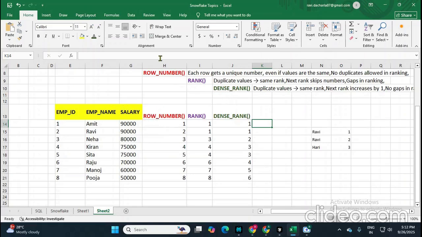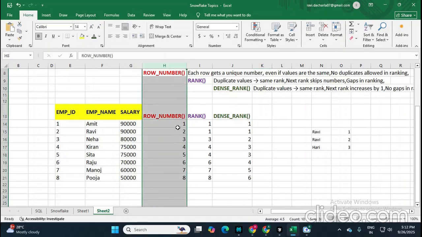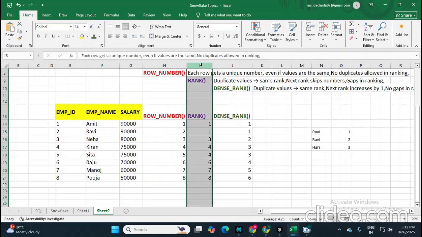In row number, each row gets a unique number even if values are the same. Next, in rank, duplicate values are assigned the same rank, and the next rank skips numbers, which means gaps in the ranking.